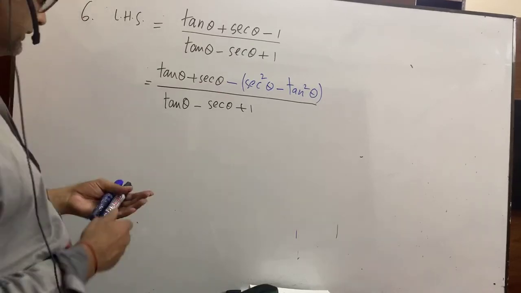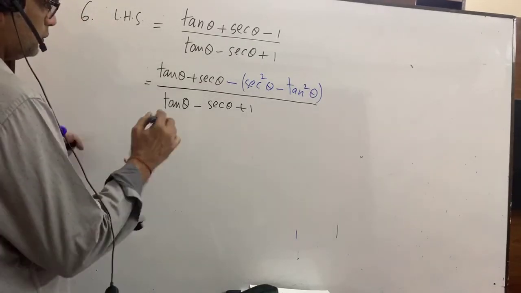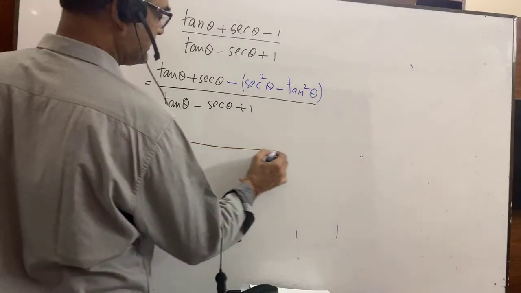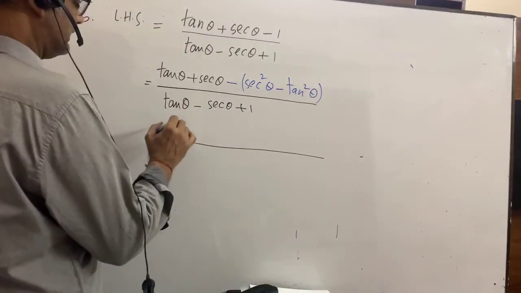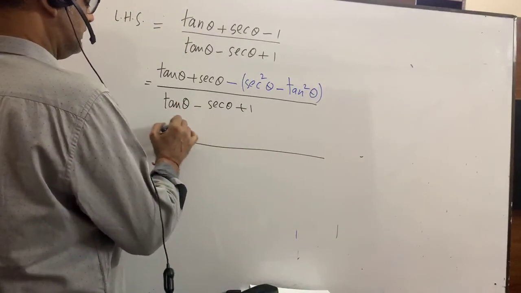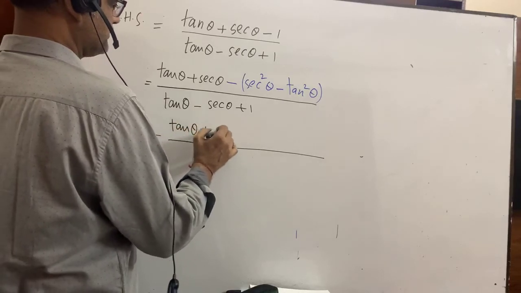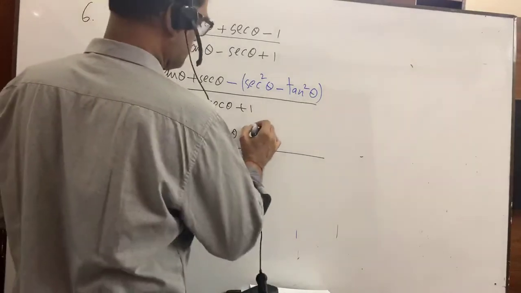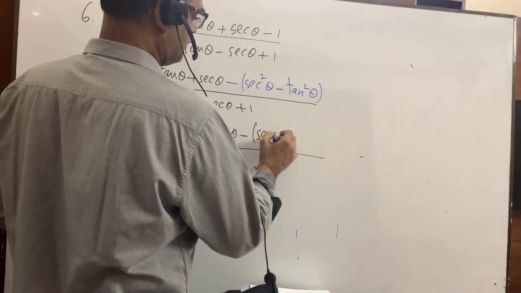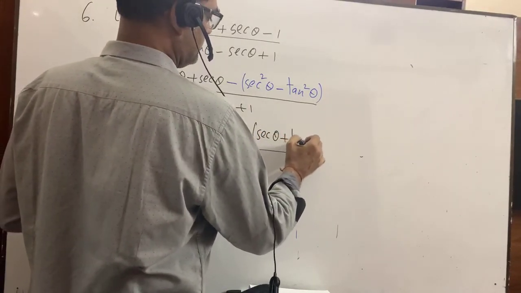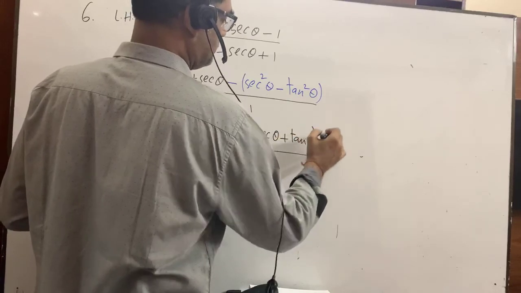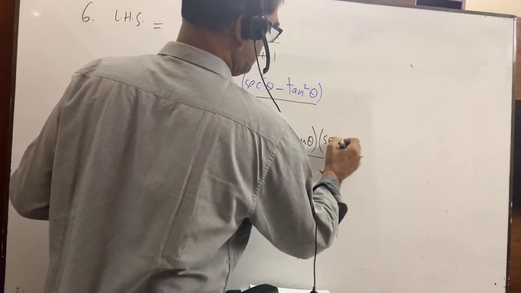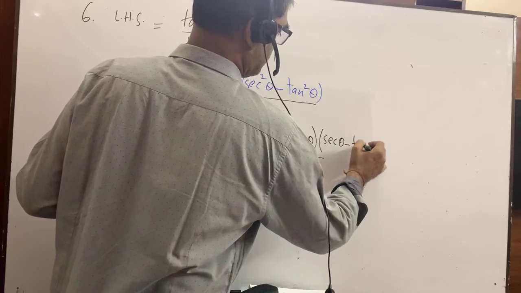You understand? Now we can write here tan theta plus sec theta. Here it is the formula, sec theta plus tan theta into sec theta minus tan theta.